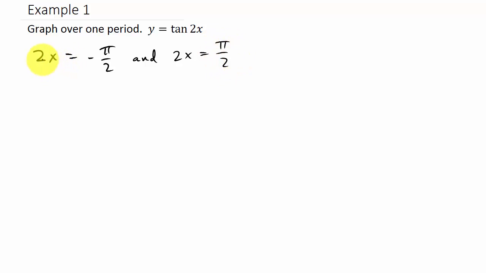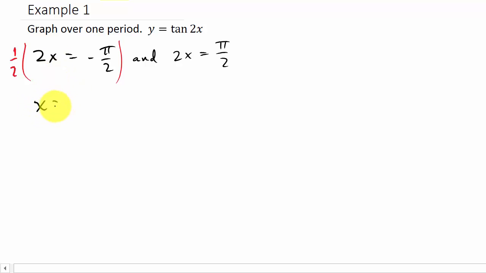When we solve here, we multiply by a half, and that gives us x equals negative pi over 4. Same thing here, we multiply by a half, and that gives us x equals pi over 4.